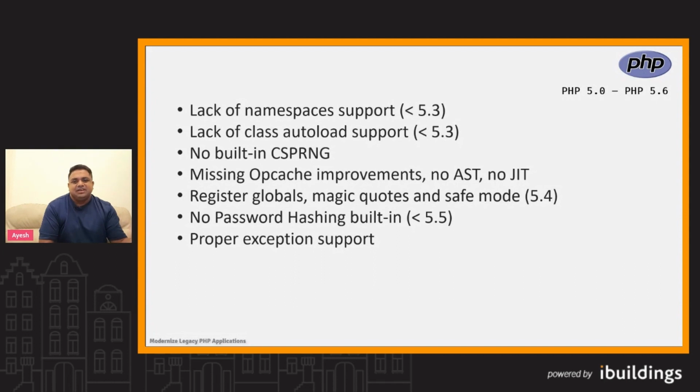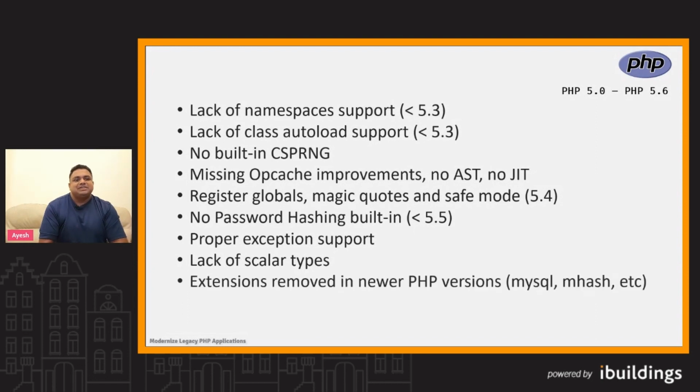That was an annoying thing to do. Scalar types weren't the thing back then. So if you have a function that only takes Boolean values, it wasn't possible for you to say, I will only take Boolean values. So you had to check inside the PHP function if the type of the value is right, which was also annoying.